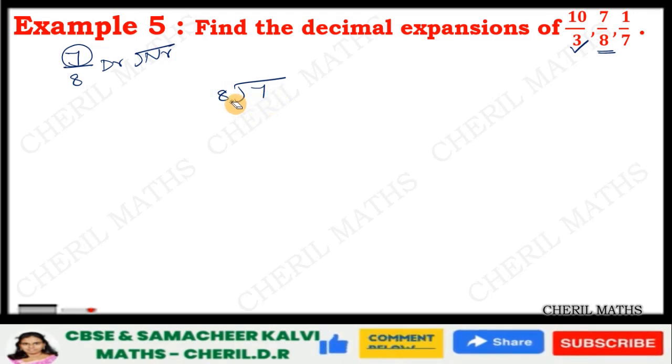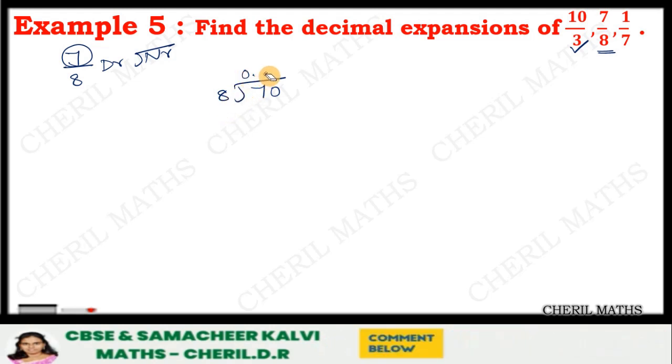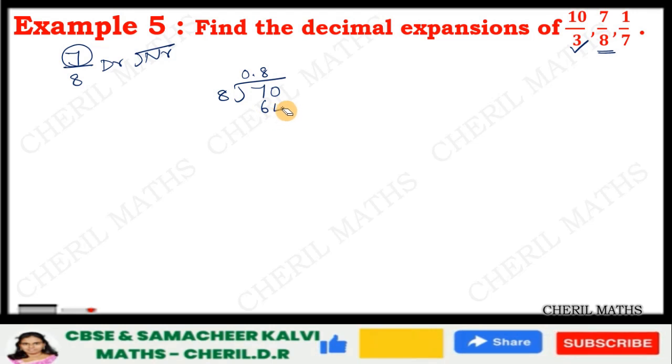Now, you know that 8 is greater than 7. So you put a 0 here. So you have a 0 and then a decimal. Then you put a 0, and from the 8 table you know 8 8s are 64. So 70 minus 64 will give you 6. Now you put another 0.